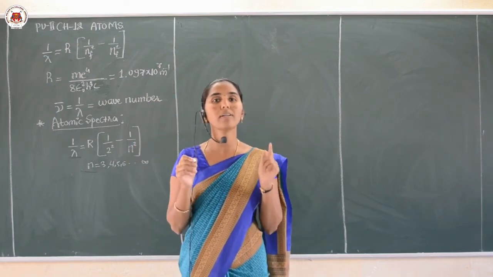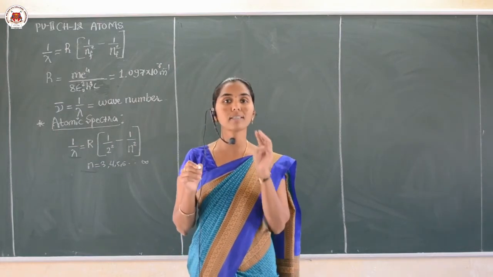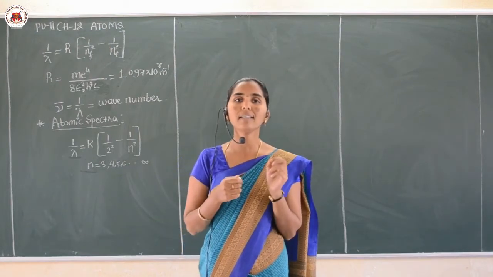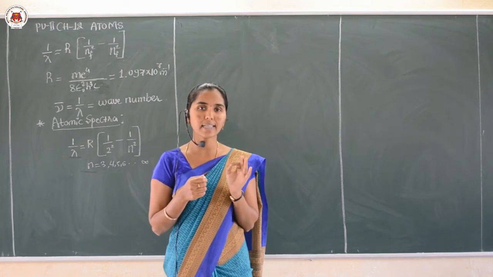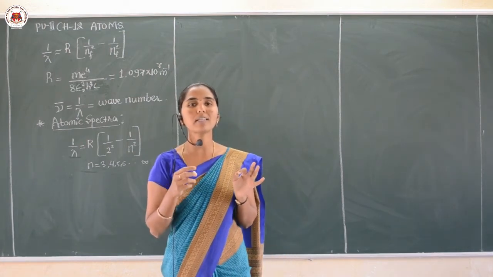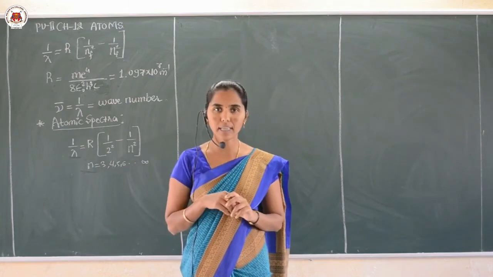Already we discussed this point in the case of Bohr's atomic model, that is the third postulate of Bohr's atomic model. There the emitted radiation has a frequency nu that is given by E2 minus E1 upon h, isn't it?